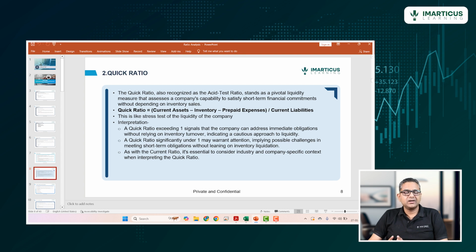The correct value for these ratios may vary from industry to industry. So a fair comparison would be comparing one company with another company in the same sector and figuring out who has the better liquidity position.